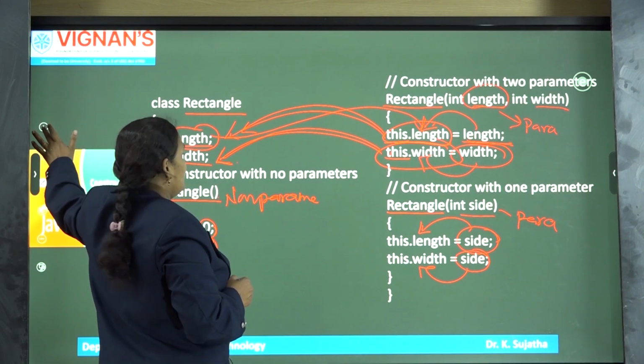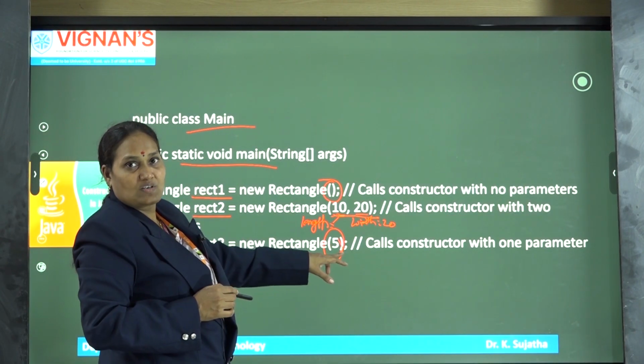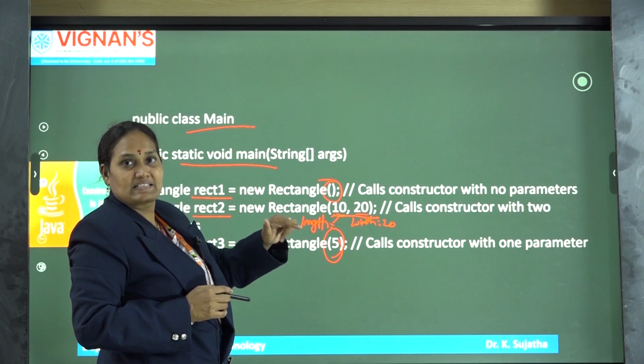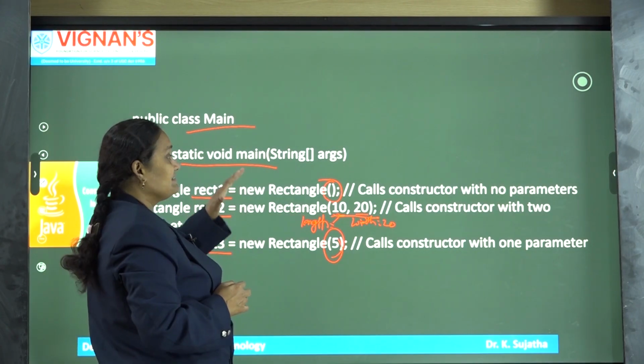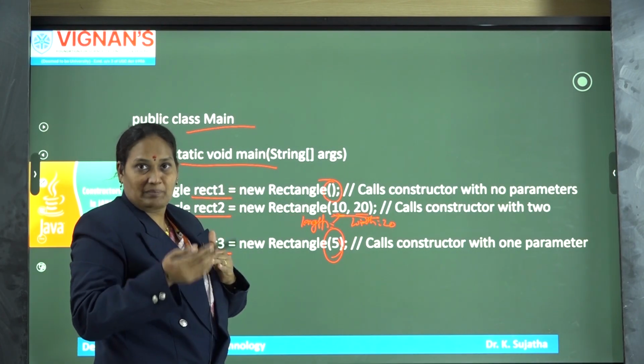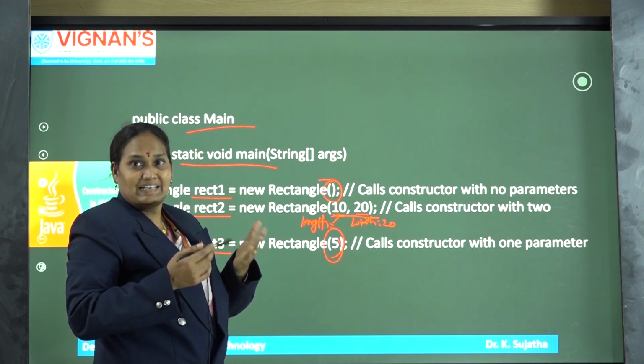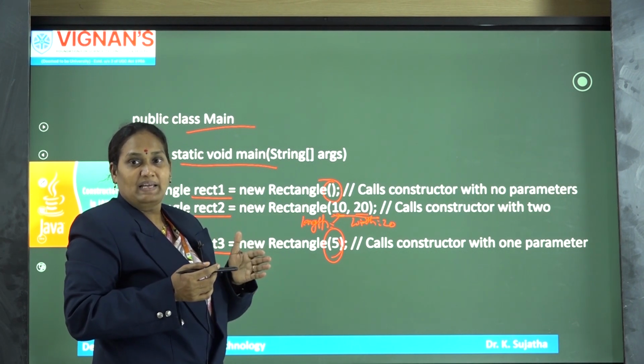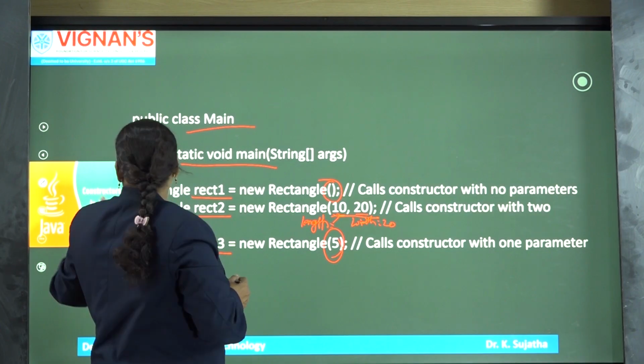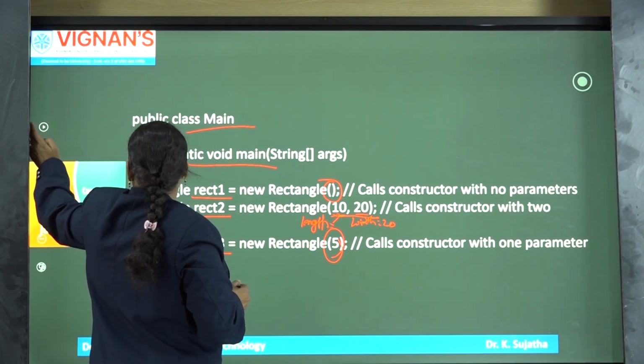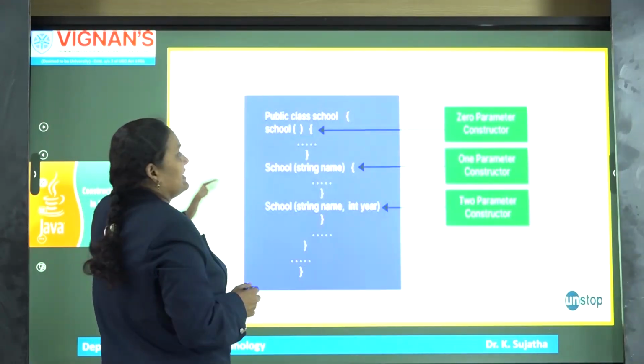If I have given one value, it invokes the constructor which contains a single parameter, right? So based on the number of parameters, the compiler decides which constructor is to be invoked. In this way we can do the overloading of constructors.